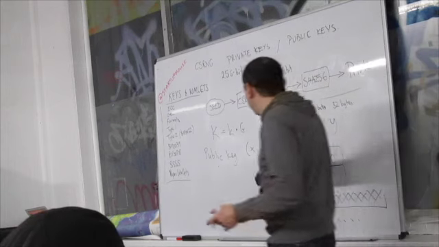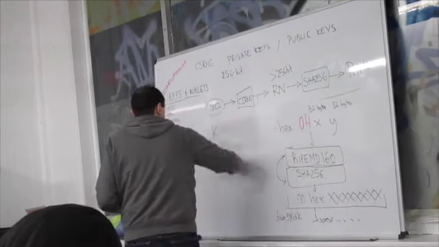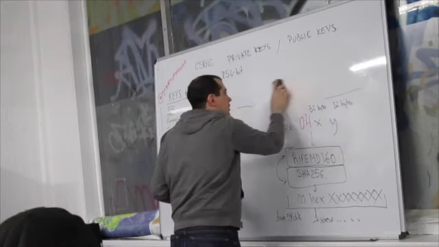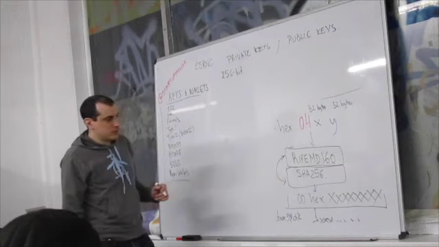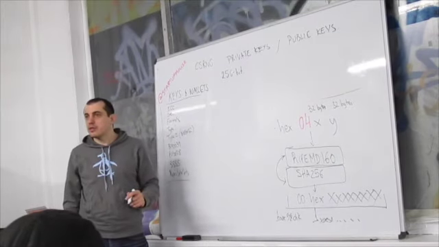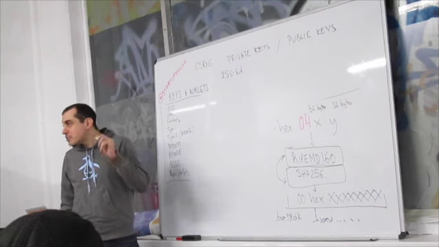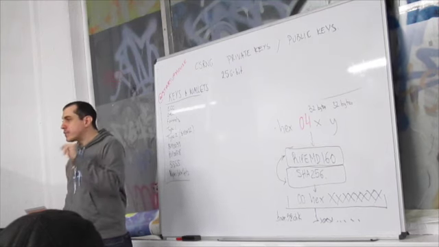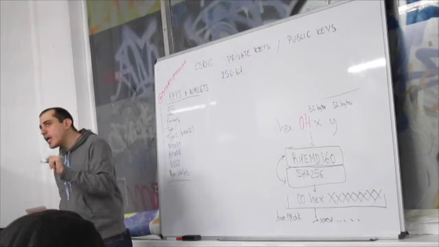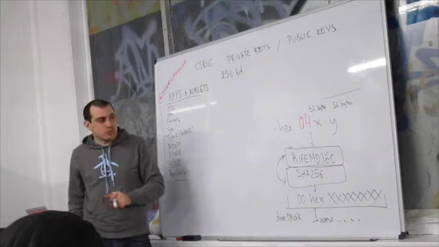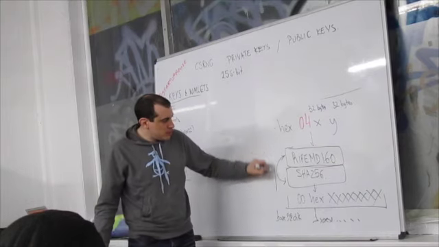Okay? Let me delete some of this. All right. So technically the address is not the public key. In fact, if you have an address, you cannot figure out what the public key is. There's no way you can go this way.